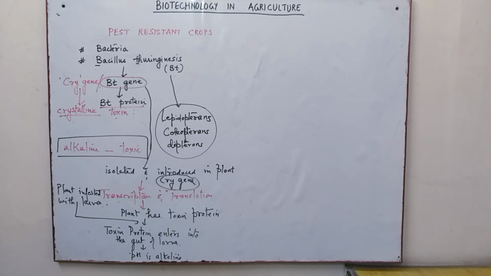The Bt toxins are insect group specific, not applicable for all types of insects but for a specific type of insect. In cotton, Cry 1Ac and Cry 2Ab control the cotton bollworms. Cry 1Ab controls corn borer. So we have different kinds which are being used in developing pest resistant crops.